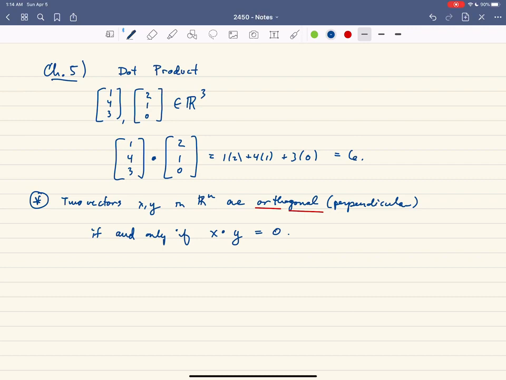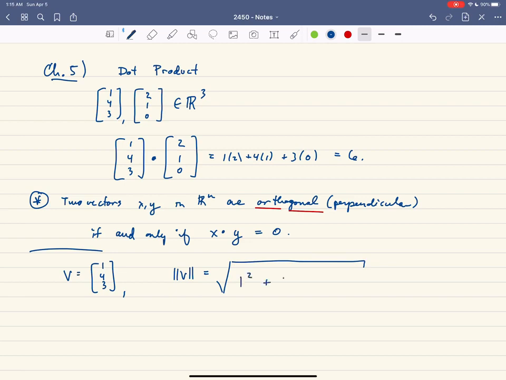If I were to have a vector, let's say v, it doesn't really matter what vector we use here, but let's say I have a vector v, which is (1, 4, 3). Then if I were to look at the length of that vector, it turns out it would be the sum of the squares of the components.